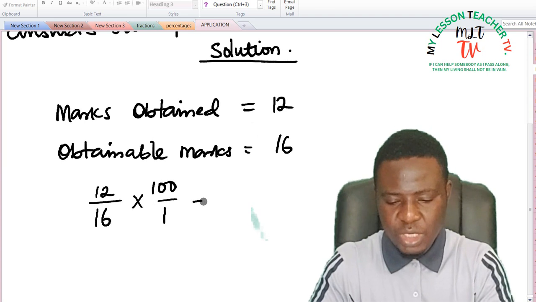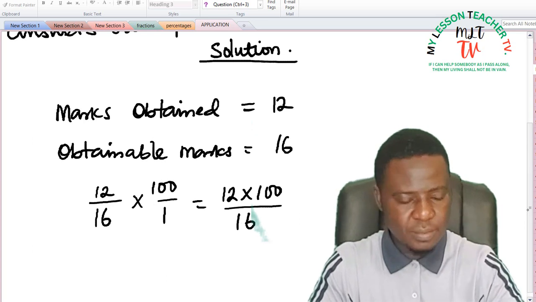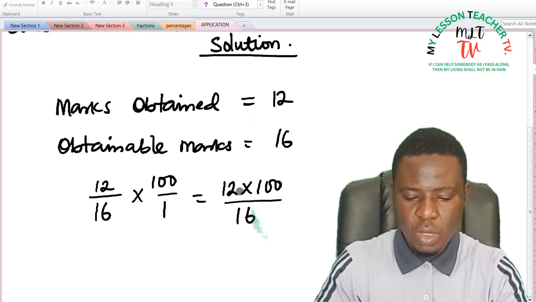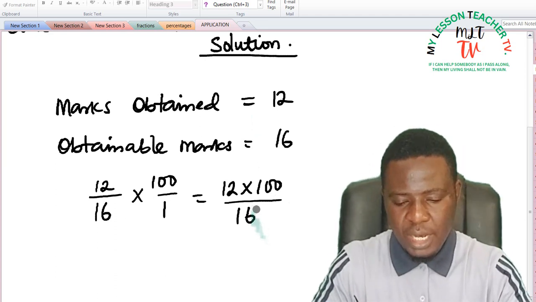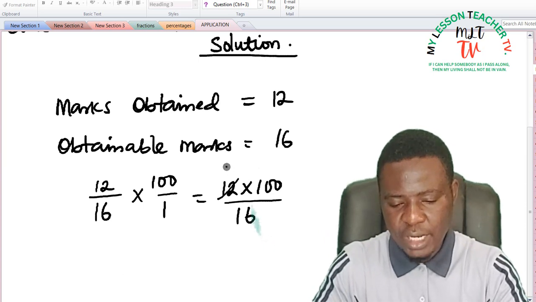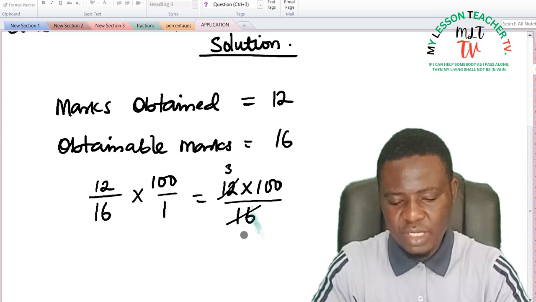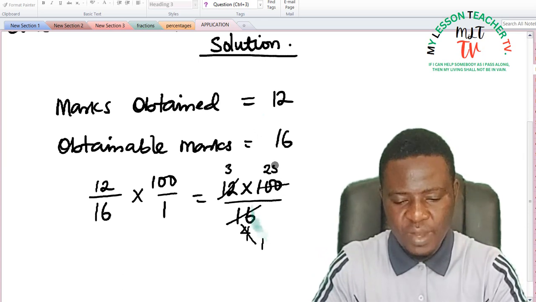So this is equal to 12 times 100 divided by 16. You can then look for a factor that can divide the number at the numerator as well as in the denominator. I know that 4 can divide 12 three times, as well as 4 can divide 16 four times. 4 can equally divide itself and 100 twenty-five times.